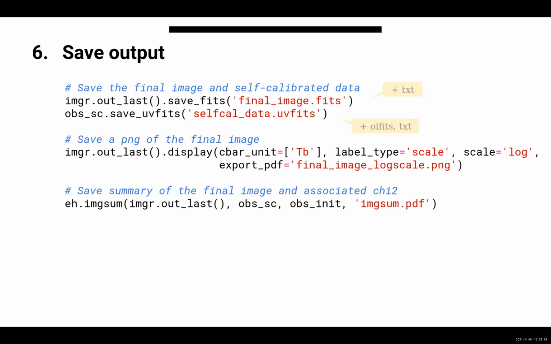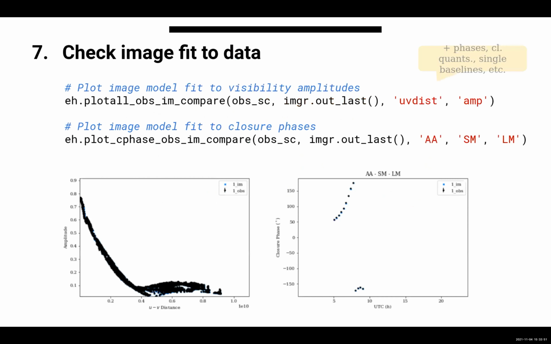And we can also generate a PDF with a summary of the statistics of our image, a lot of plots showing the fitting of our image to the data, for closure quantities, for amplitudes, for phases. This is a very rich piece of information, and it's really useful to get a sense of the quality of the image that we have reconstructed. And next slide.